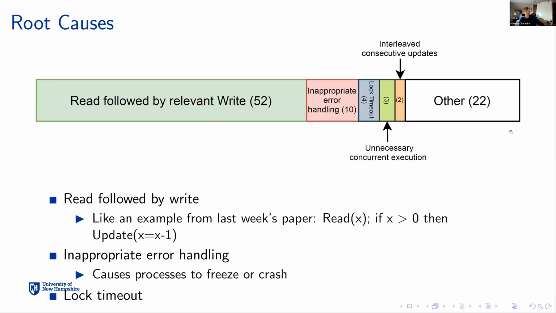Moving on to the root causes. The biggest category, the most common root cause, is read followed by a relevant write. Again, that's the example we had in the paper last week. If you read something, do some kind of conditional on whatever you read, and then update, let's say, the same variable.